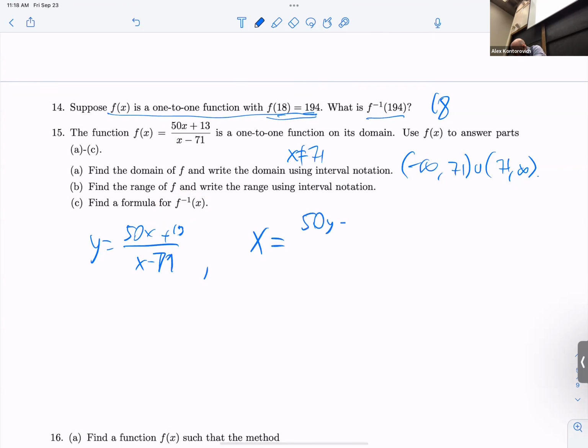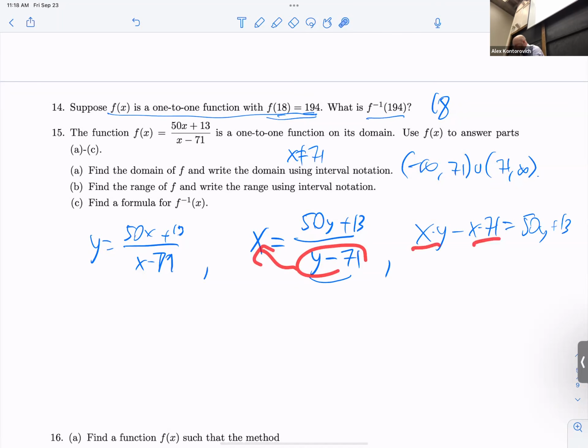So x equals 50y plus 13 over y minus 71. And now I have to solve for y. Okay, let's multiply. I assume y is not 71, so that I can multiply through by this. So now I get x times y minus x times 71 is equal to 50y plus 13. I just multiplied over here, and then I distributed the x's.